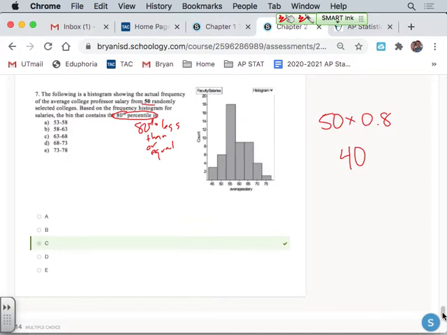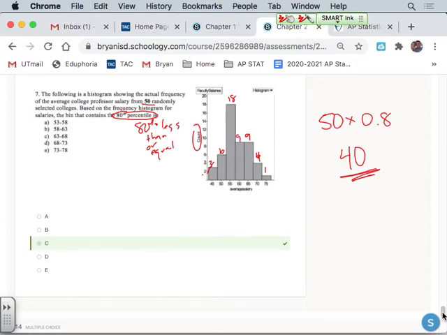And so you had to use this part over here. You had to get the counts. So this was 3, 6, 18, 9, 9, 4, and 1. When you do that, I'm looking for the range of that 40th person.